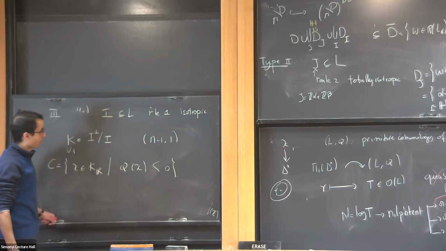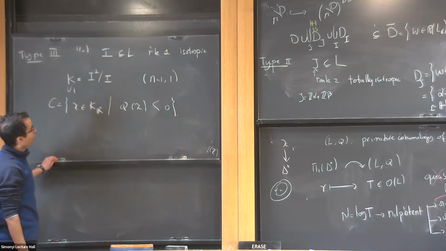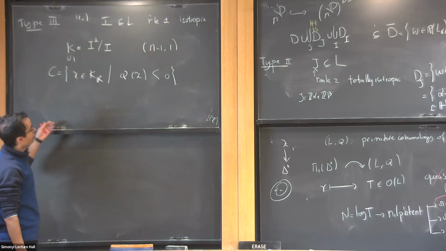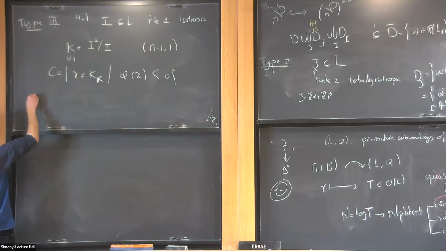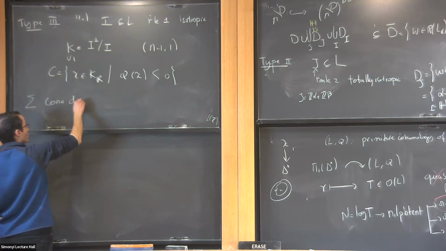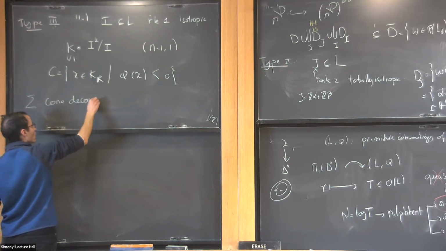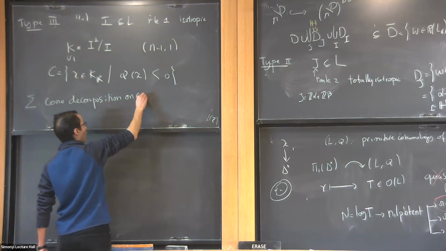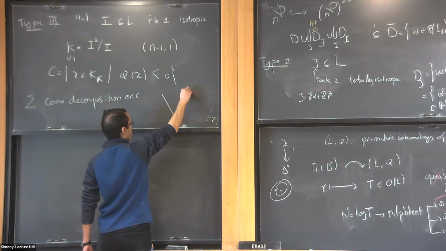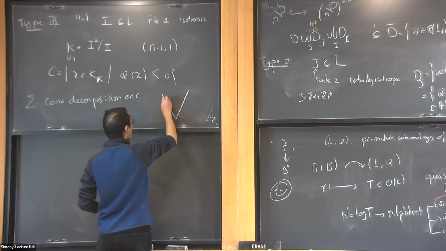And the toroidal compactification depends on a choice of what we call a rational cone decomposition of the cone C, which is polyhedral. So this cone looks like this.